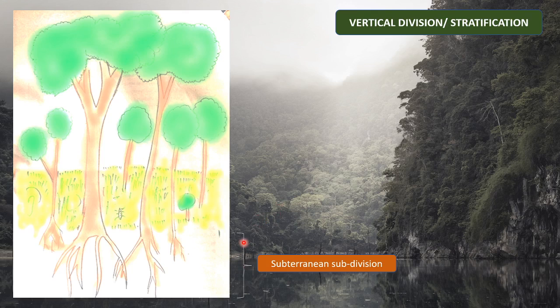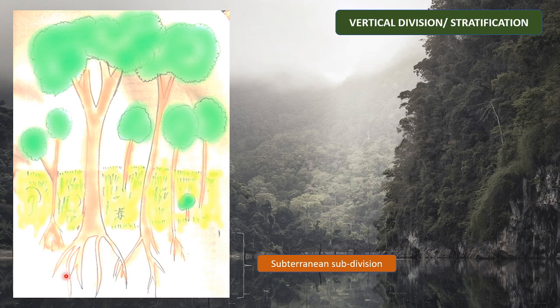These are the subterranean subdivision, which is rich in humus. This area is rich in humus because of all the organic matter present from the decomposition of matter obtained after the fall of leaves or animals that have died, which has led to the formation of humus.